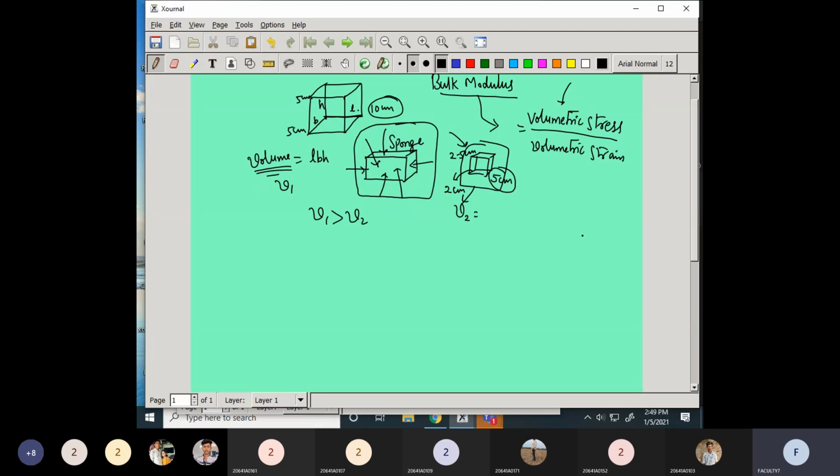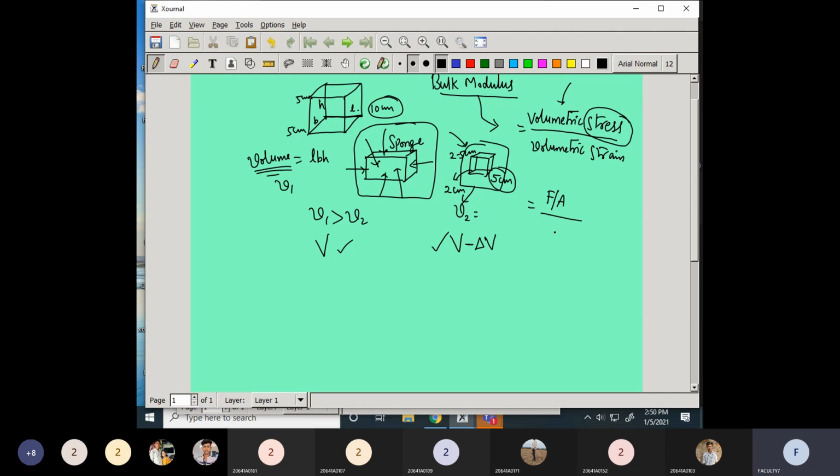So here again, you can give the volumetric stress. Stress is nothing but force applied per unit area. So the same thing, force applied per unit area. Now again, you go back here. So if V is the original value, and here V has been reduced, consider the value has been reduced by some delta V. So now here this is the original volume, and this is the resultant volume after the application of the stress.